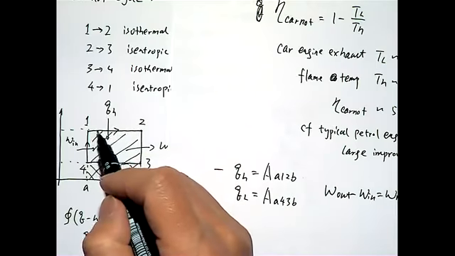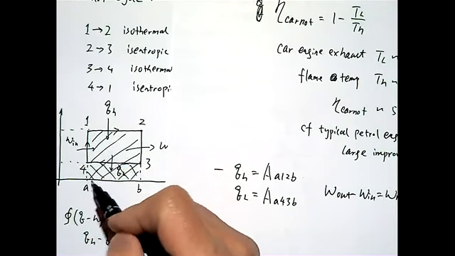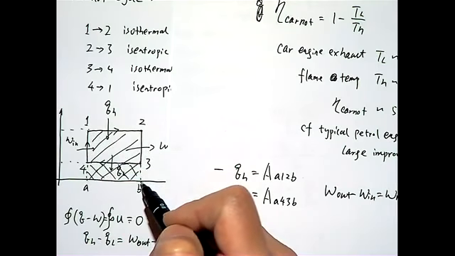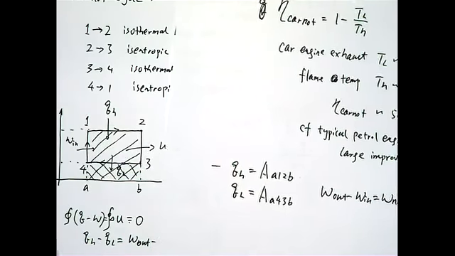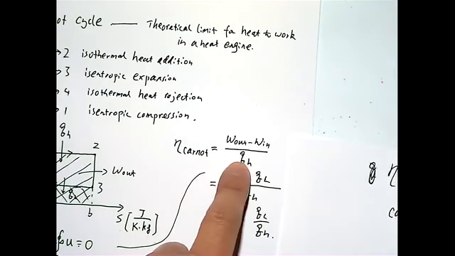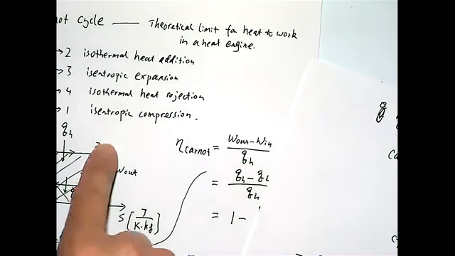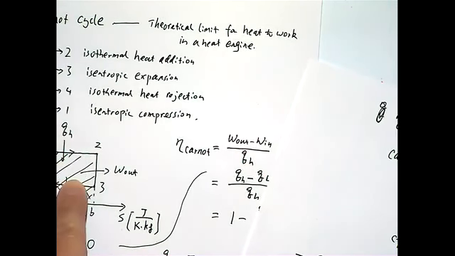So the ratio of this area, 1, 2, 3, 4, to the total area corresponds to this term. This box area corresponds to net work, and the total area A, 1, 2, B corresponds to total heat input into the cycle.